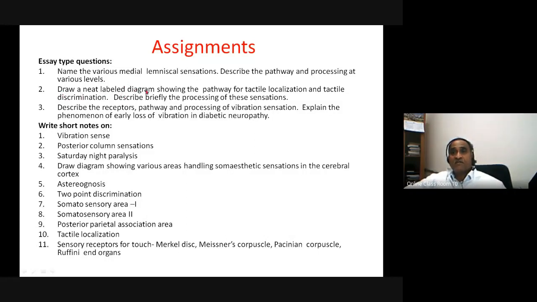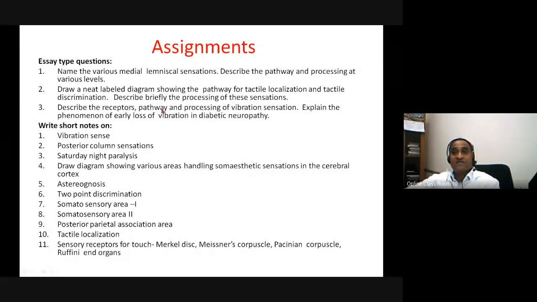Draw a neat labeled diagram showing the pathway for tactile localization and tactile discrimination. So you have to use the Meissner's corpuscles, Merkel discs, and discrimination. Describe briefly the processing of these sensations. Again, the answer is the same.